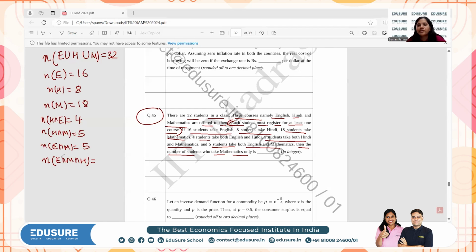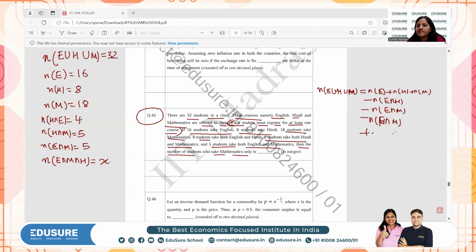So that is X. We have this formula where the number of people who take either of these 3 subjects is equal to N(E) plus N(H) plus N(M) minus N(E intersection H) minus N(H intersection M) minus N(E intersection M) plus N(E intersection H intersection M).